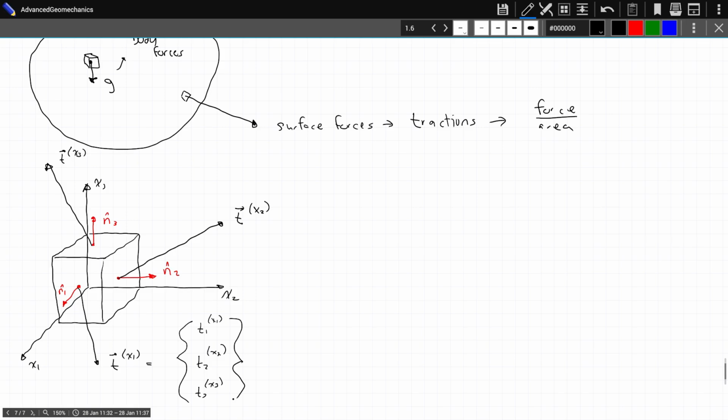So now I'm going to take a plane sliced diagonally across the cube to create a hexahedron, octahedron actually.